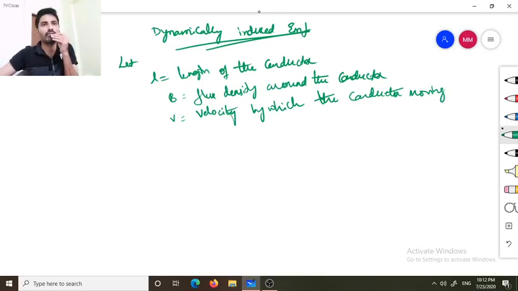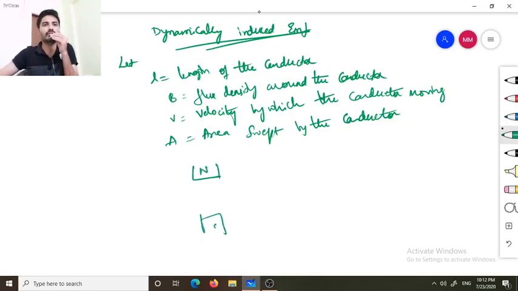Okay, now A is the area swept by the conductor. We know that area is nothing but length into breadth. Here we are considering the first case.